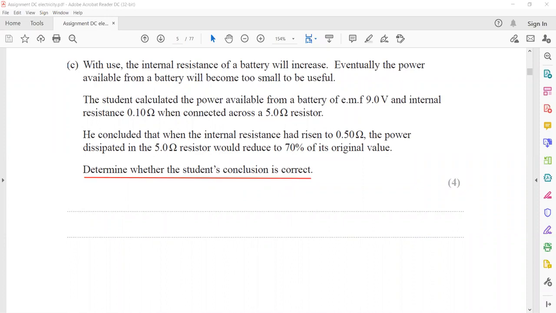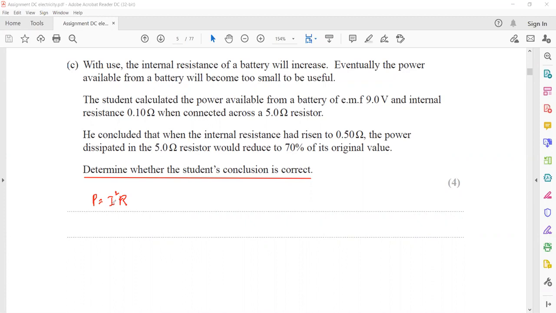So how can we work out whether the student's conclusion is correct? For part C, we know power P is equal to I squared R, and we want to explain the idea that the external power has reduced to 70%.